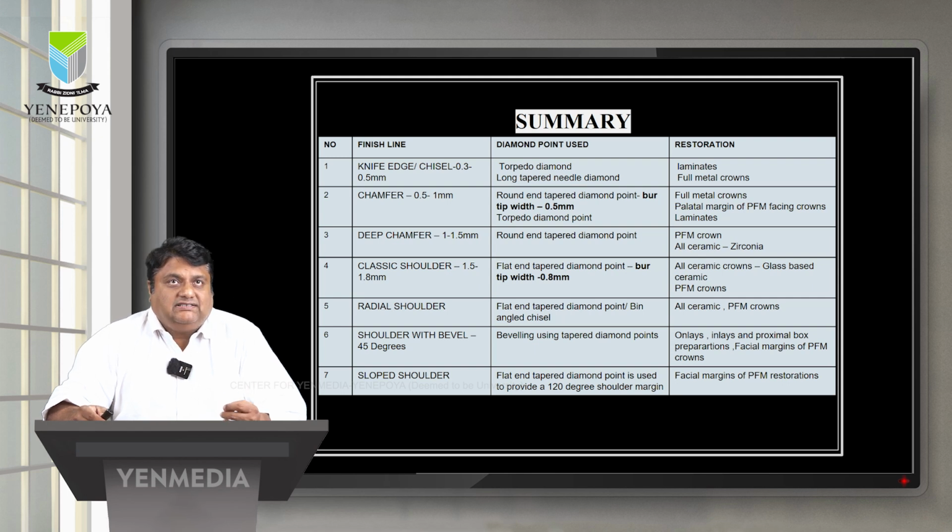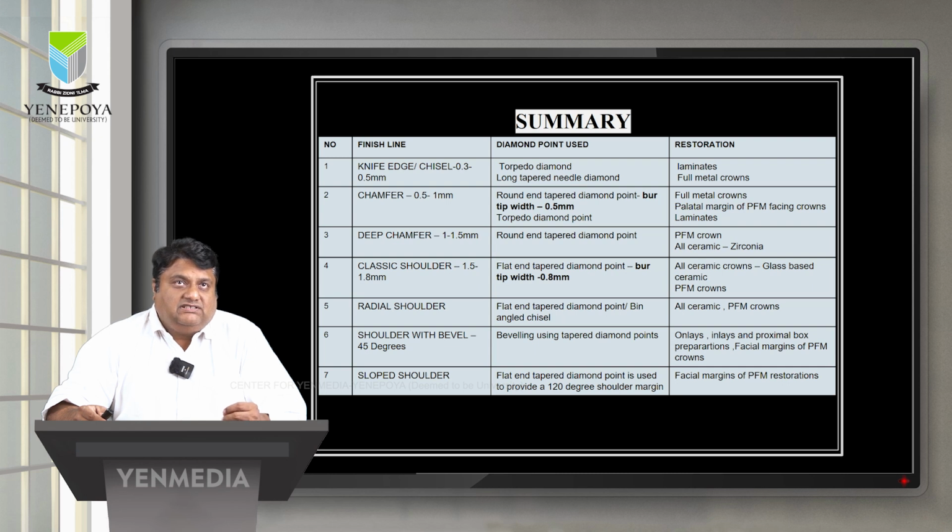The next comes chamfer, that is a rounded tapered diamond point bur, where the tip width is 0.5 mm. Again, you can use a round and tapered diamond point or a torpedo diamond point. So where do you use it? In case of full metal crowns and the parietal margins of PFM facing crowns and laminates.